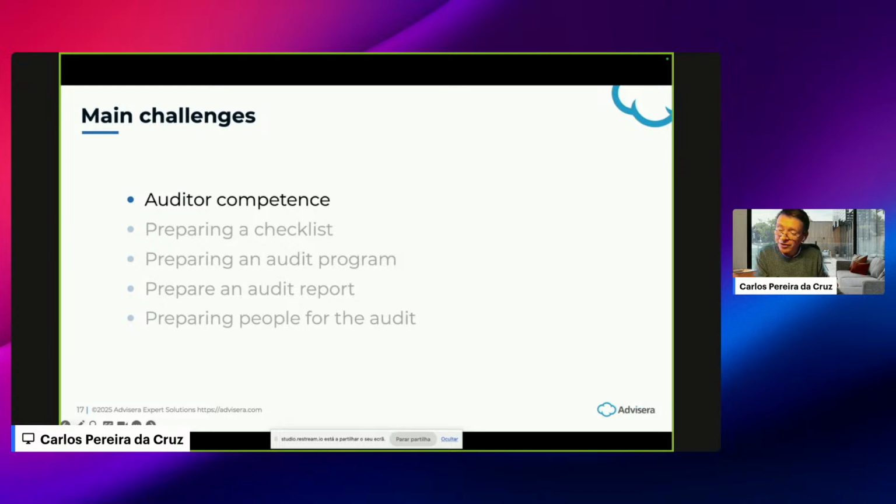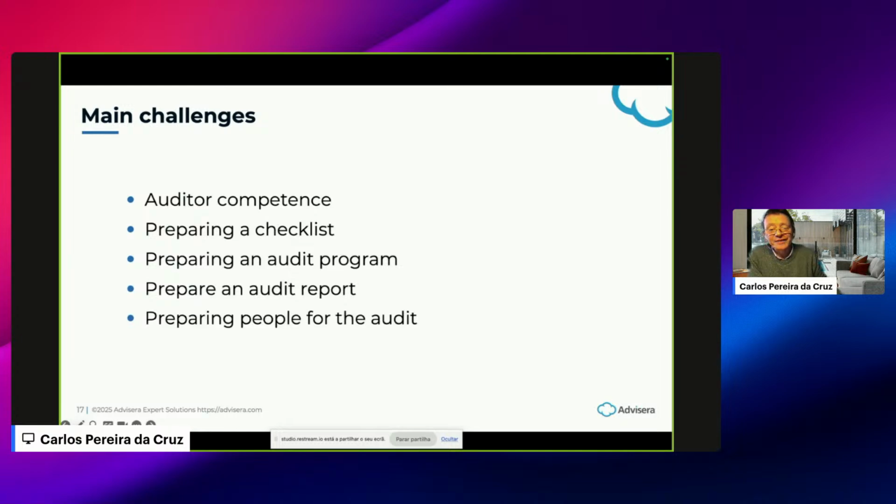So auditor competence, we already mentioned that. Preparing a checklist, we already mentioned that. Preparing an audit program, already mentioned that. Prepare an audit report, then that. Preparing people for the audit, I will present a slide about that during the Q&A.